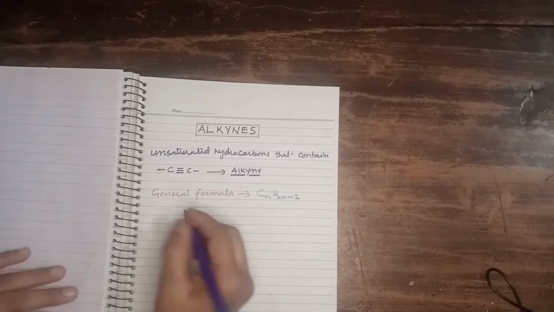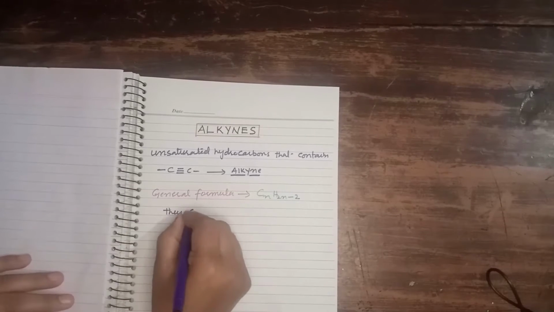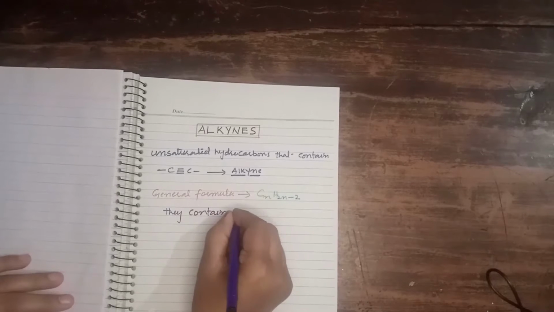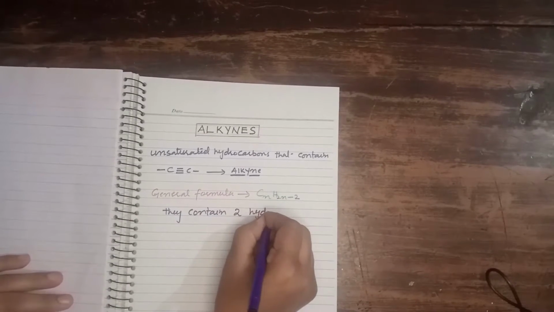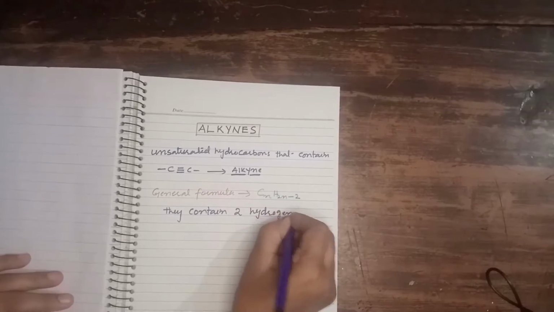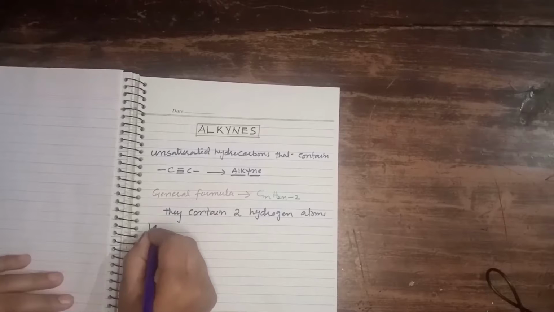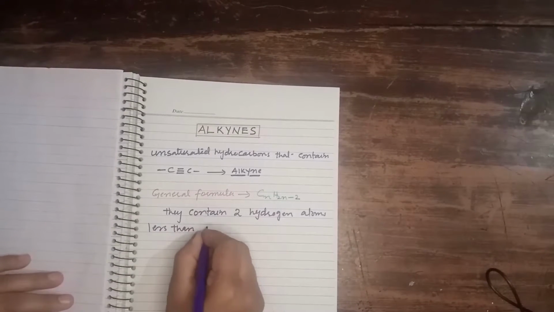It means they contain 2 hydrogen atoms less than corresponding alkanes.